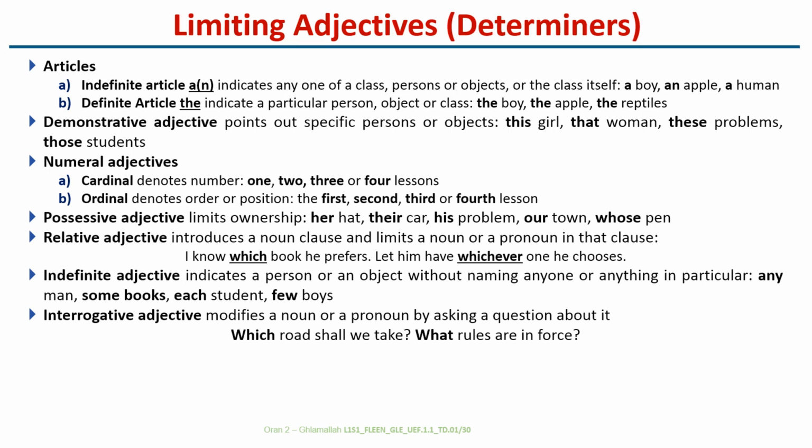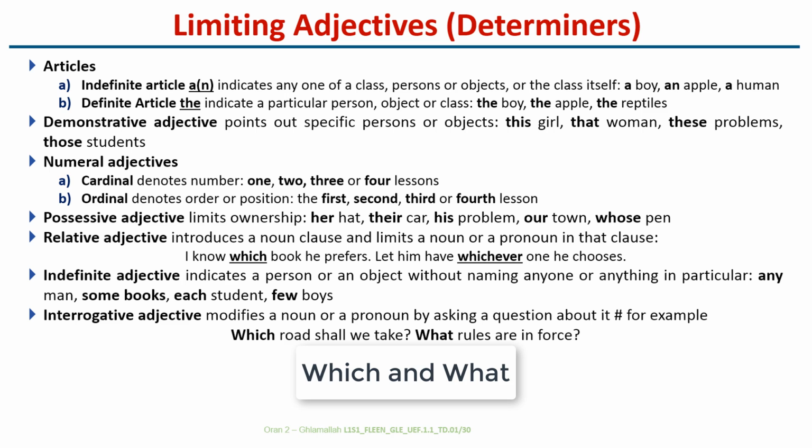Again, the difference between interrogative pronouns and interrogative adjectives, or the difference between pronouns and determiners in general, is that after a pronoun there is no noun, but after a determiner you find a noun. Why? Because a pronoun replaces a noun and it does not need a noun after it. As you can see in these 2 examples, which and what are interrogative adjectives. And if we delete the nouns road and rules, they will become interrogative pronouns.